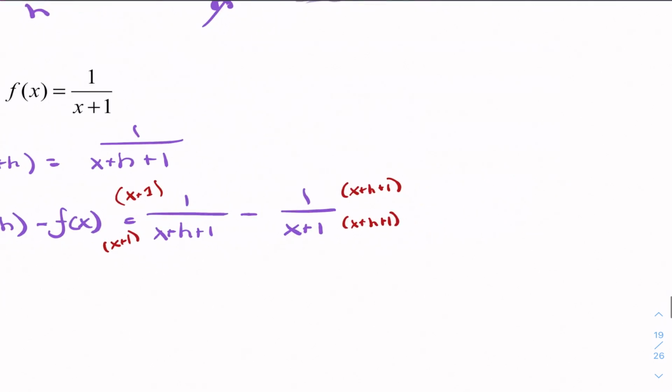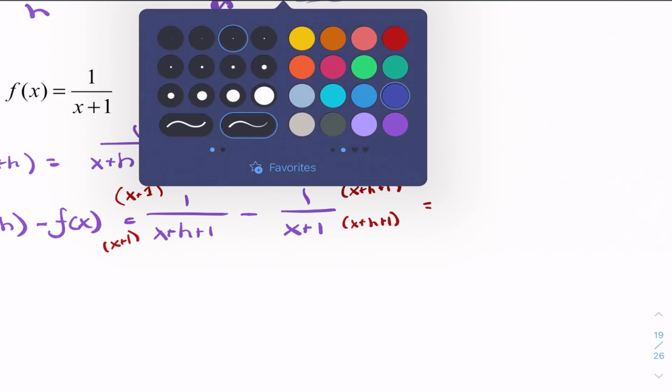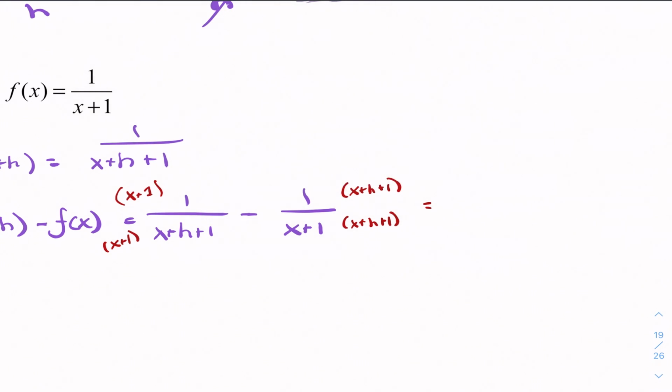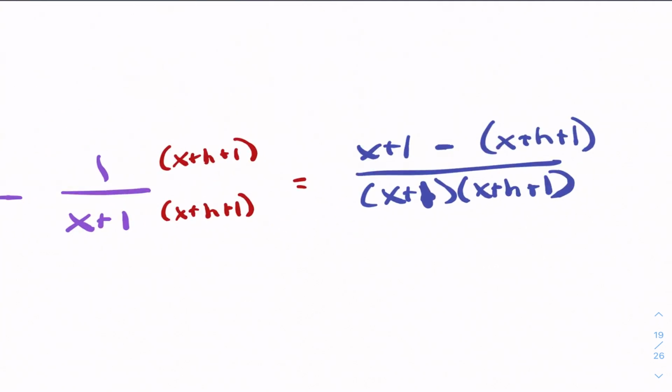If this looks like simplifying fractions, it's because it is. So I would have (x plus 1) minus (x plus h plus 1), all over (x plus 1)(x plus h plus 1). Now, I'm just going to do a little work here. If I distribute that negative, I have minus x minus h minus 1.